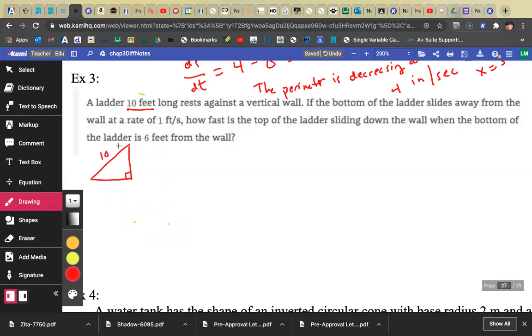This is 10, that's the ladder. And I'm going to follow what Andre said. Since this is the vertical length, I'll call that Y. And I'll call this X. But again, somebody else could have flip-flopped these, or called them A and B. That's fine, whatever you choose to call it.